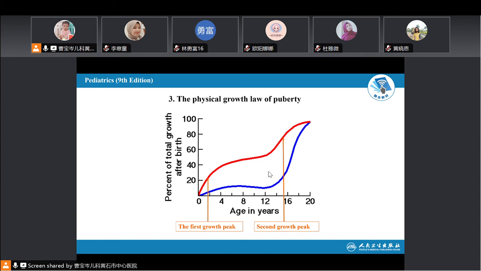This picture shows the physical growth law of puberty. This is the first growth peak, and this is the second growth peak.